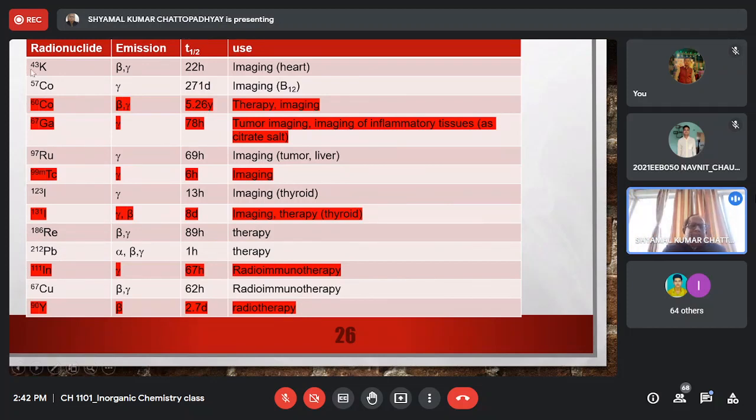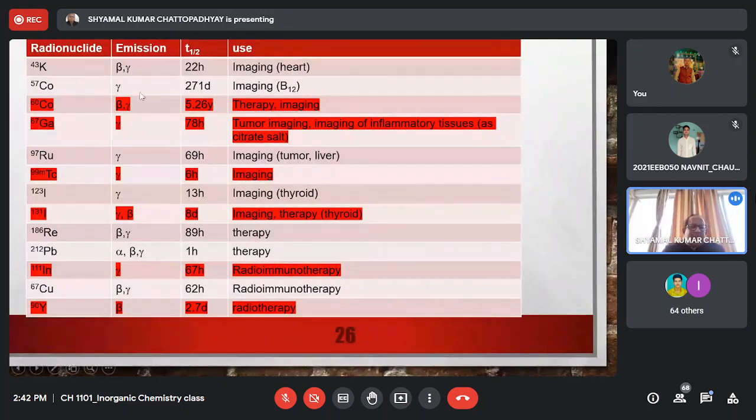So you can see that potassium 43 isotope is mainly a beta emitter along with gamma emitter, right? And this gamma imaging can be used. The half-life is 22 hours, and it can be used because potassium is required for the heart, right? Your heart pumping requires an appropriate balance of potassium and sodium. So it can be used for heart imaging.